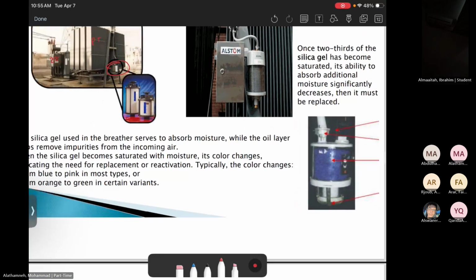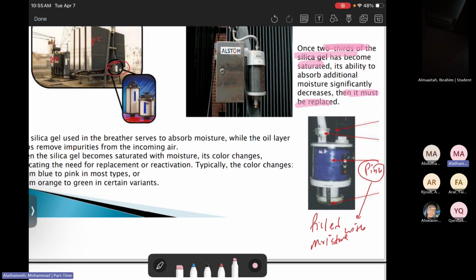This silica gel must be replaced from time to time. Once it turns pink, it is filled with moisture. Once 2/3 of the silica gel becomes saturated or pink, it must be replaced. So we just monitor this.